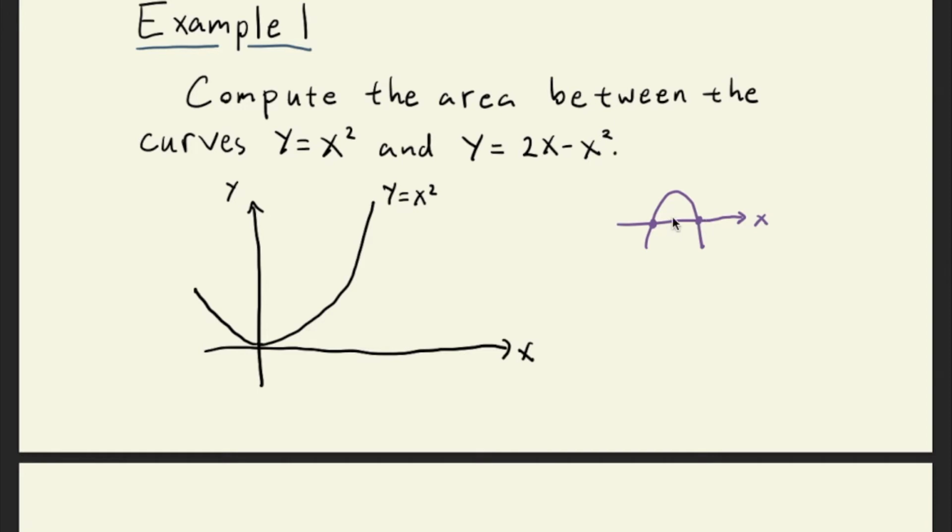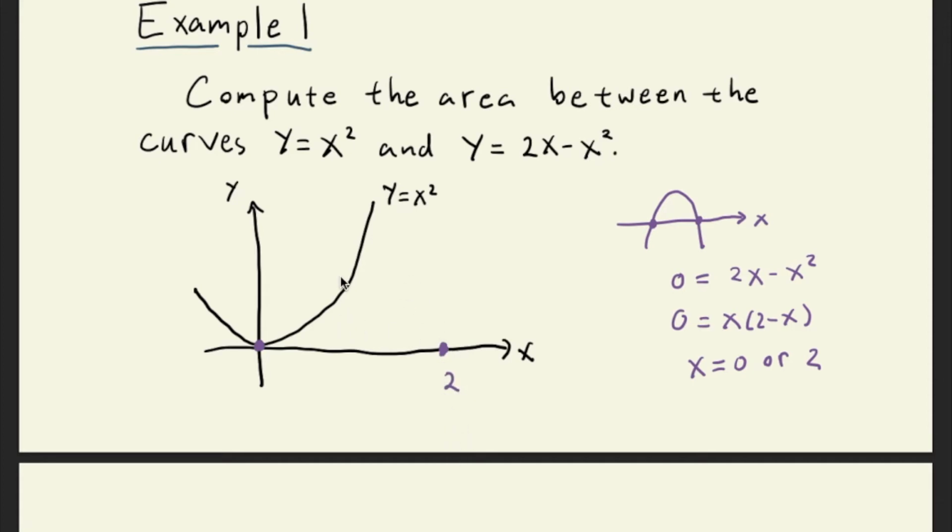Right? And to find the x-intercepts, you just need to set y equals 0. So we see 0 equals 2x minus x squared. You can factor out an x here, x times 2 minus x. And you see that the x-intercepts are x equals 0 or x equals 2. So it's right here, x equals 0, and then x equals 2.